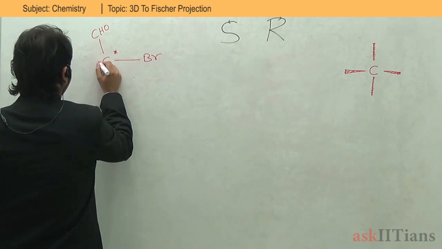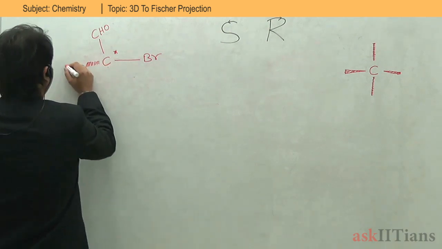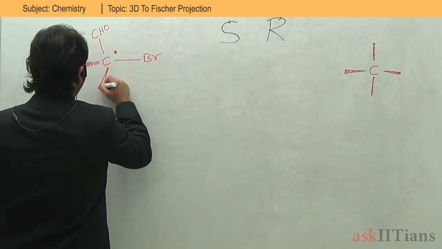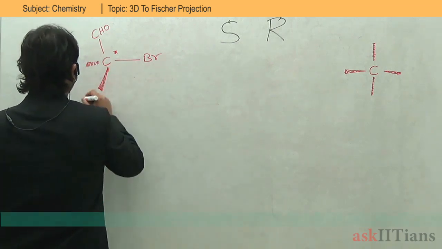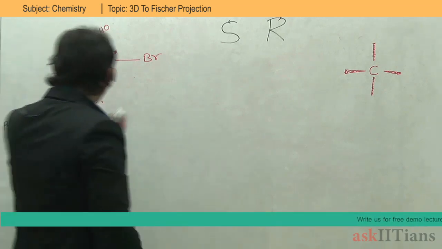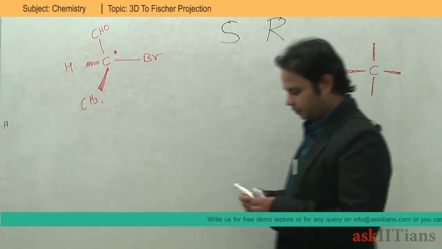So this is the compound. Now you need to define the Fischer projection of this particular compound, right?